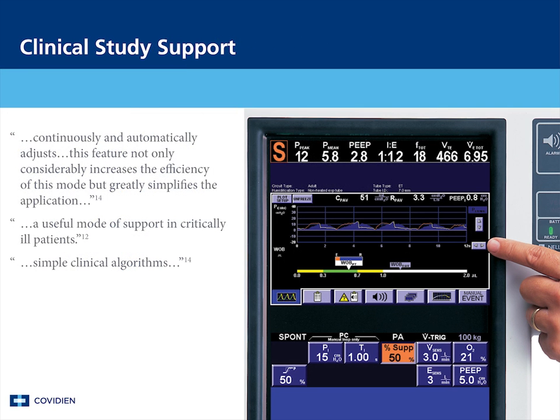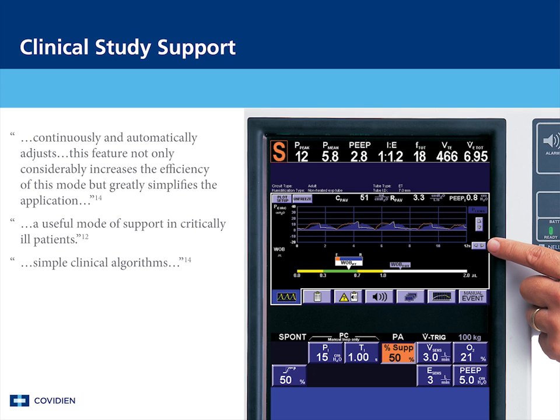Use of the PAV Plus software in the Puritan Bennett 840 ventilator is gaining worldwide attention and has prompted prominent clinical leaders to reach significant conclusions. They have found the software to be easy to use and applicable to a wide variety of patient conditions.